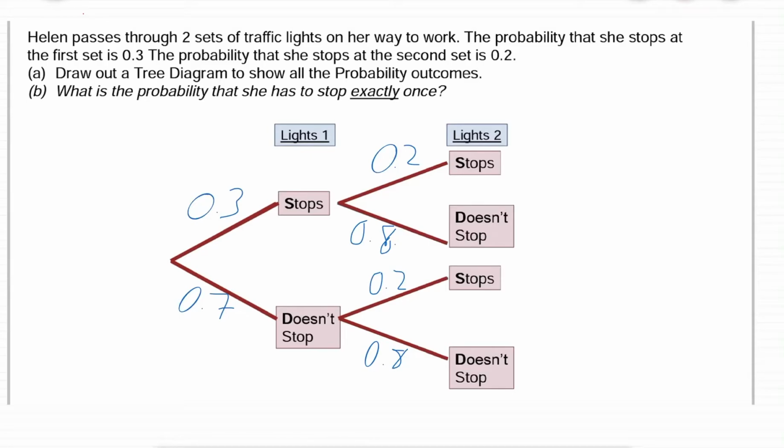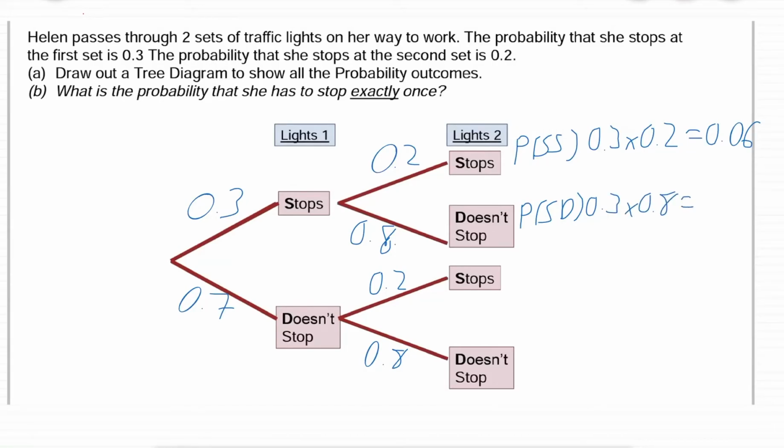Now, we need to draw a tree diagram to show all the probability outcomes. So we have all our branches marked out, so let's get the probabilities. So here the probability that she stops and stops, 0.3 times 0.2, that is 0.06. Probability stops and doesn't stop, 0.3 times 0.8, that is 0.24.